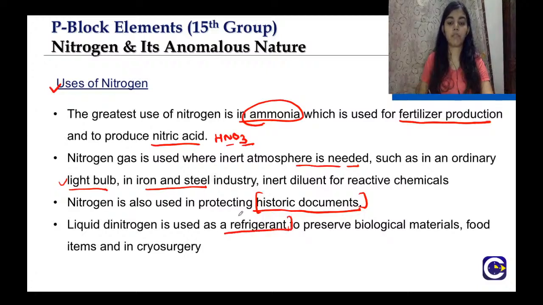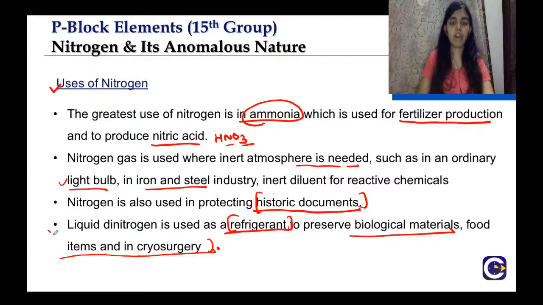For example, with ice creams and all, can you see the smoke coming out? It is liquid dinitrogen only, and it is so cold that, as I have already told you, if you put your finger into that, it will crisp out and your finger will break from that part. It is also used to preserve biological materials, food items, and in cryosurgery. And also it is used to preserve ice creams, to avoid melting of ice creams.